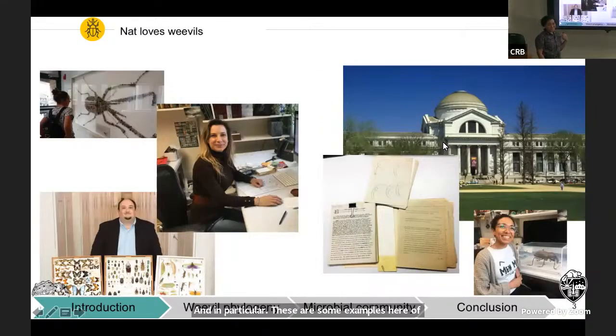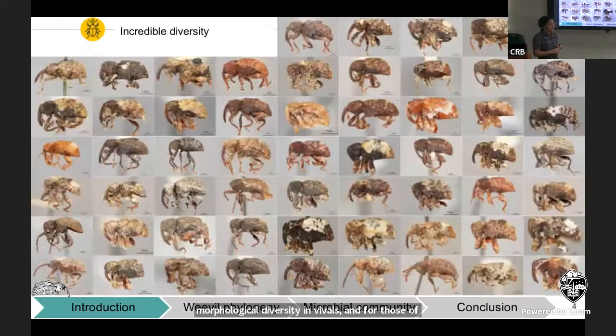I first started getting excited about Starius in general because I was working at the Natural History Museum. My mentor there was Lourdes, pictured here, and we were working on a project looking into the morphological diversity in weevils. And for those of you who don't know, there is a lot of morphological diversity in weevils. There's an astounding amount.